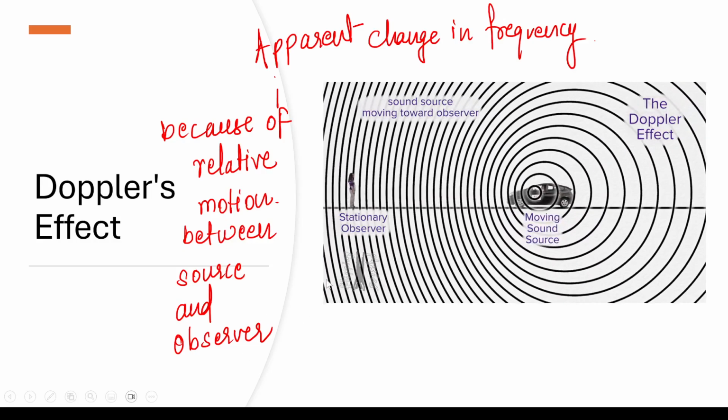Now, I'm just going to add one more slide so that I can explain the stuff. If something is coming closer, the frequency of that source increases. For example, I'm standing here and a source is coming closer.